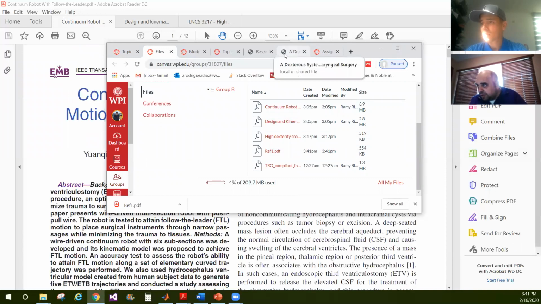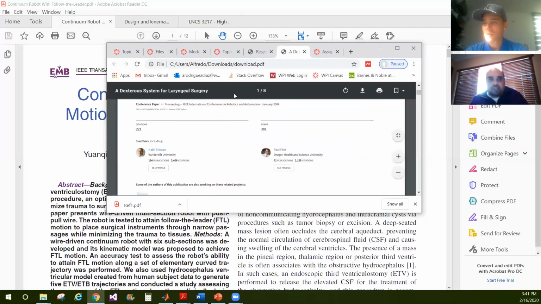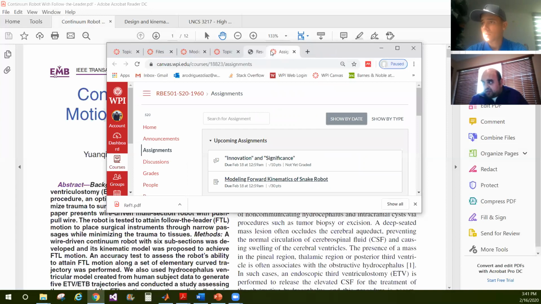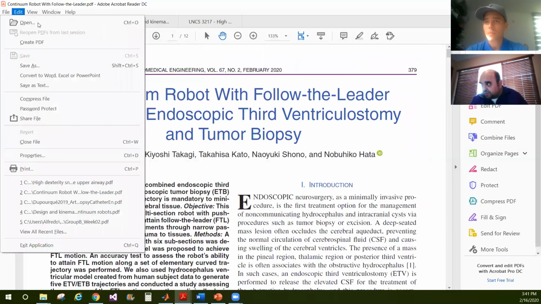So equation 1 is on page 354, which is basically page 5, at the end of page 5. Okay, let me open that one.